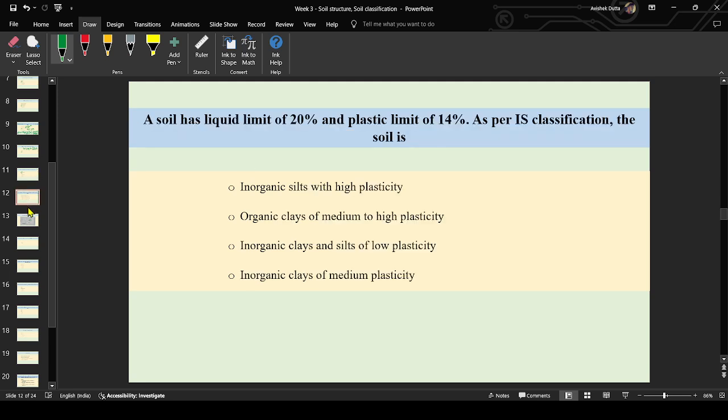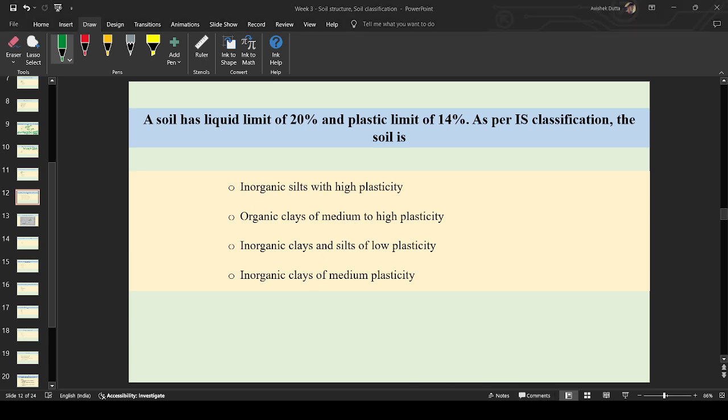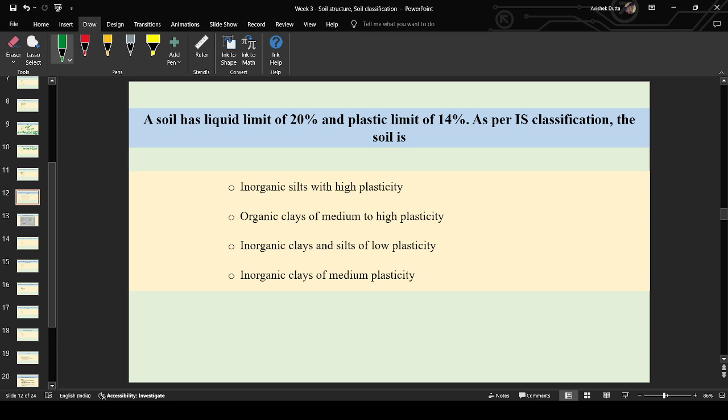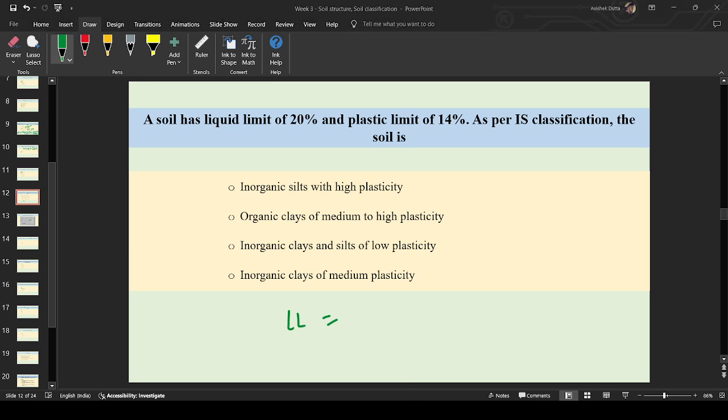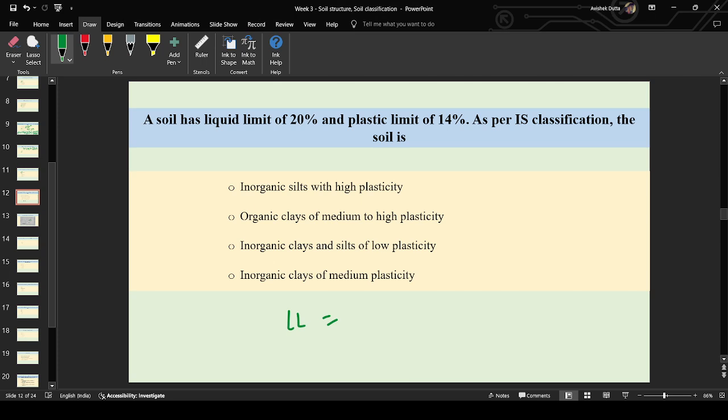Soil has a liquid limit of 20% and plastic limit of 14%. The soil is as per IS classification. Has anyone solved this question? Option 3, inorganic clays and silts of low plasticity.